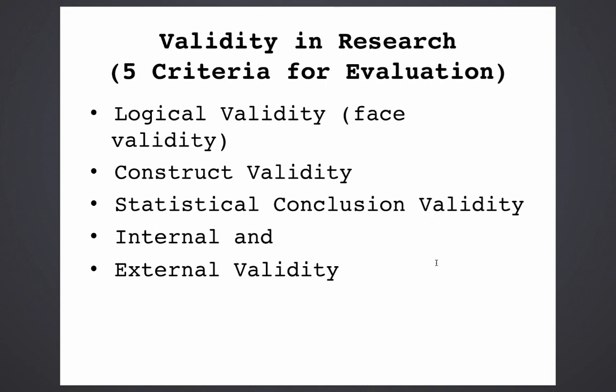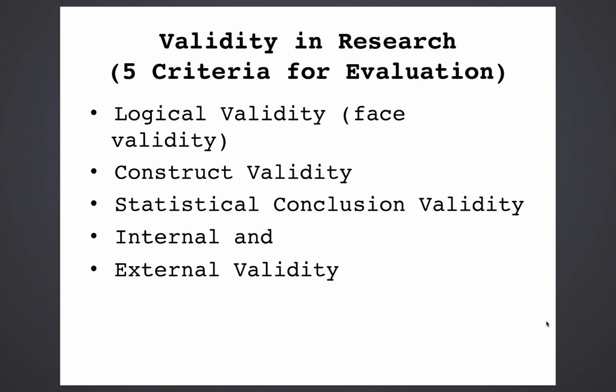And that's the umbrella under which we are talking about validity for this course. But we will also be talking about validity of our measures. And sometimes those two ideas get confounded. And of course, in order to have valid research, you need to have employed valid measures. And so you'll see here in this list, construct validity, which is essentially validity of your measures, is a part of the validity in research argument.